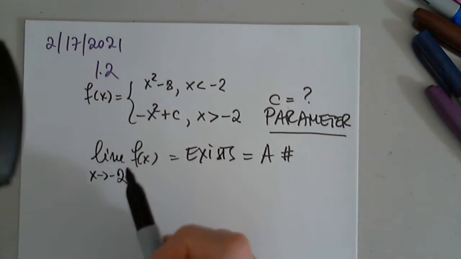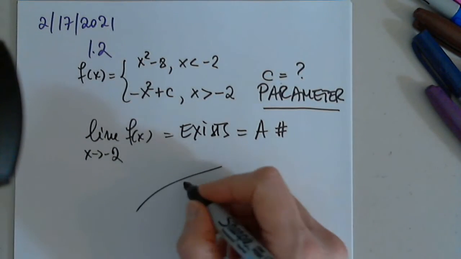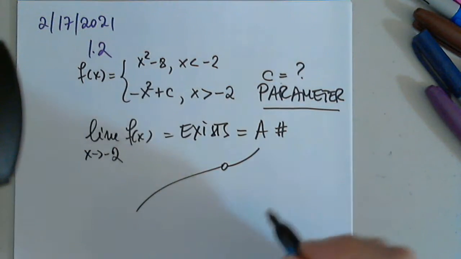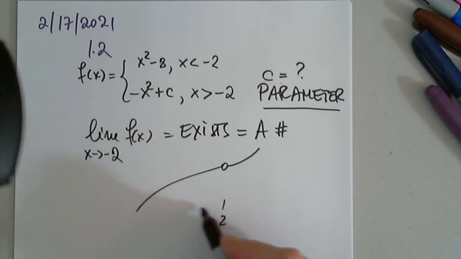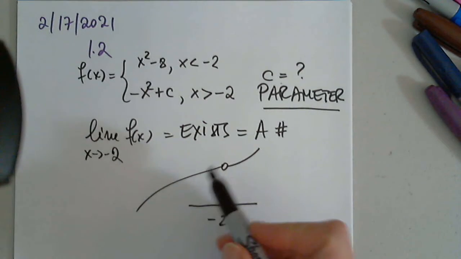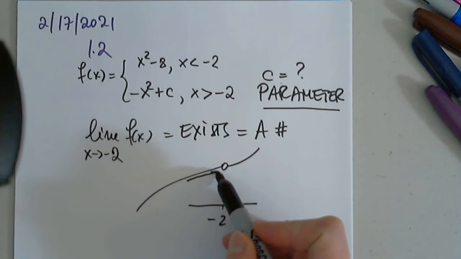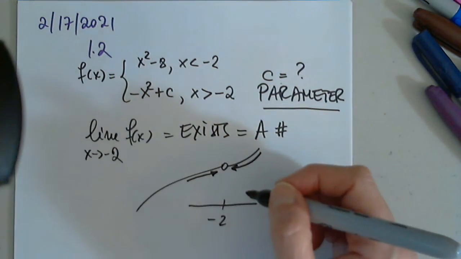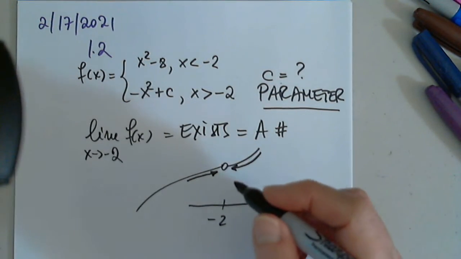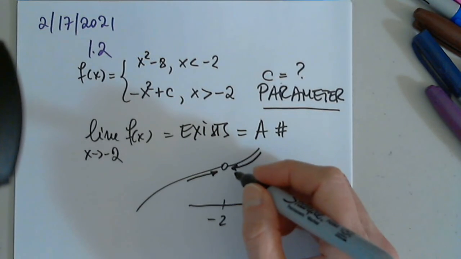So when I'm told that the limit from either side of negative 2 exists, I'm automatically told that the limit from the left and the limit from the right both exist and they are equal to each other.